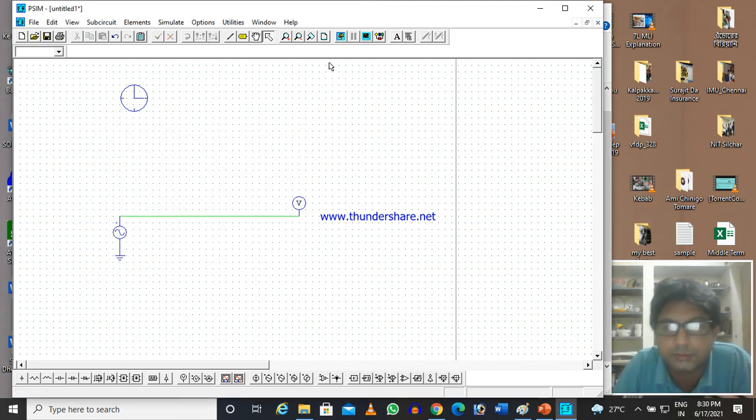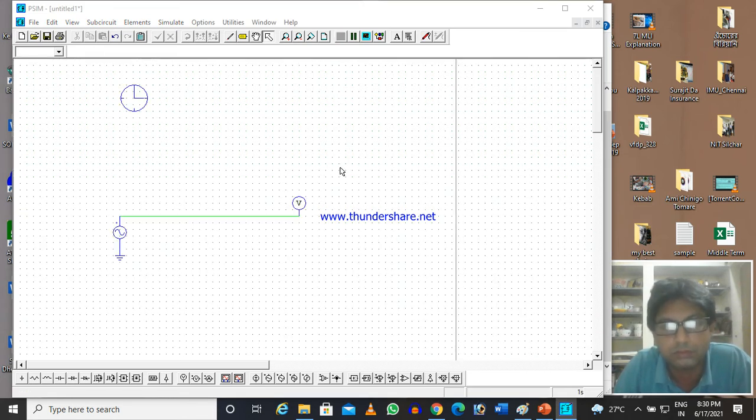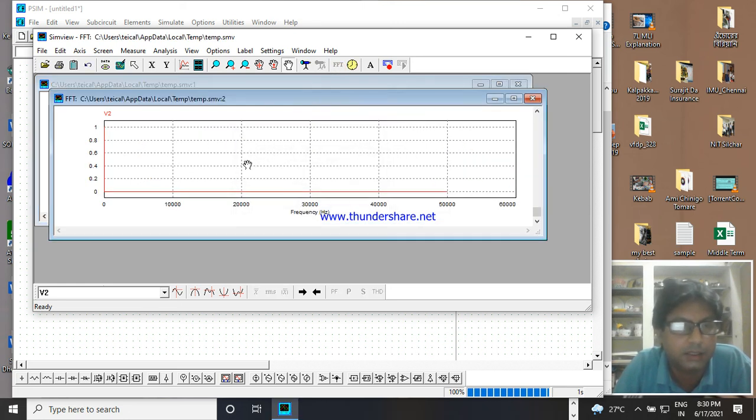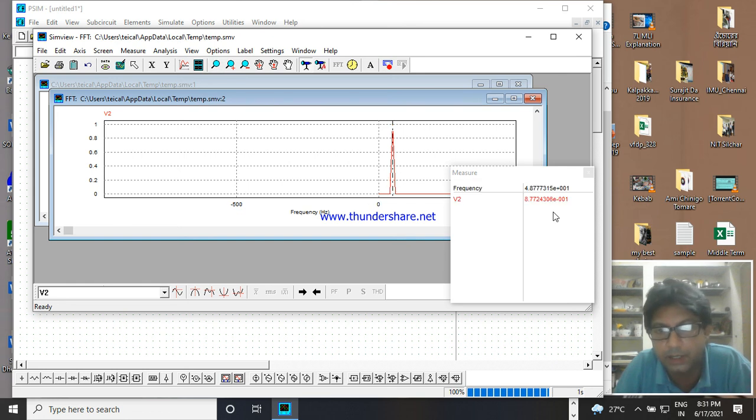Okay, let us simulate it. So you see, this is the time domain signal. Now if you do the FFT, and if I enlarge this area, you see I am getting a peak of around 50 Hertz. In 50 Hertz I am getting a peak.